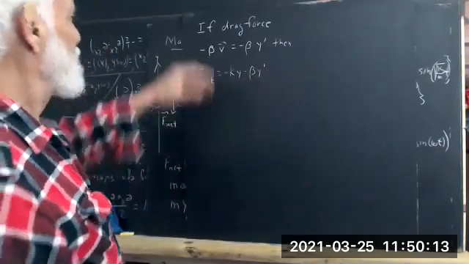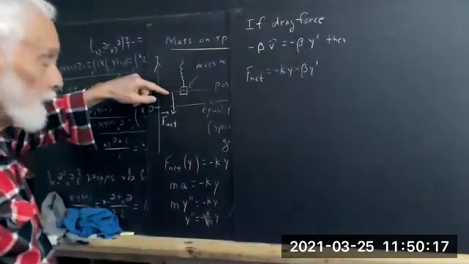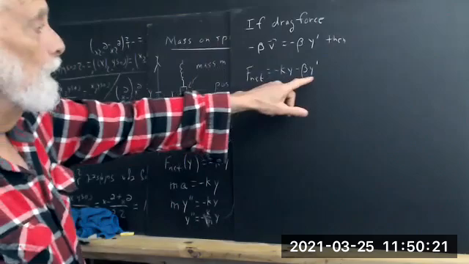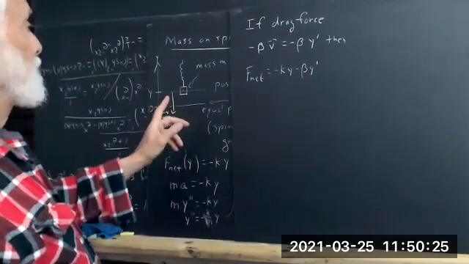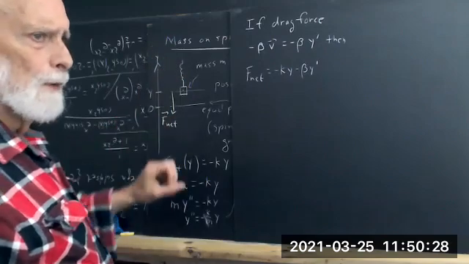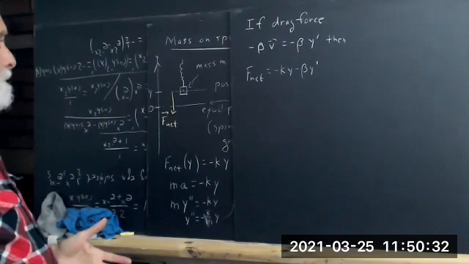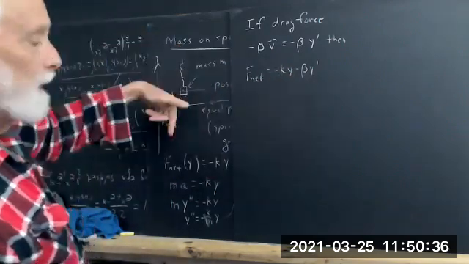So if the thing is at this position, moving upwards, your drag force is going to be negative, because we let upwards be positive, then y prime would be positive and negative beta y prime would be negative.